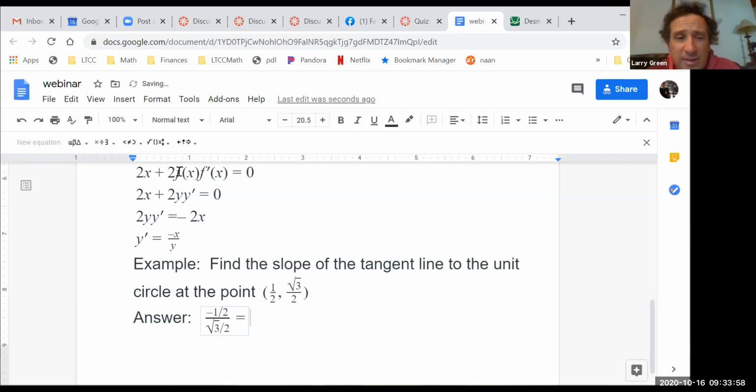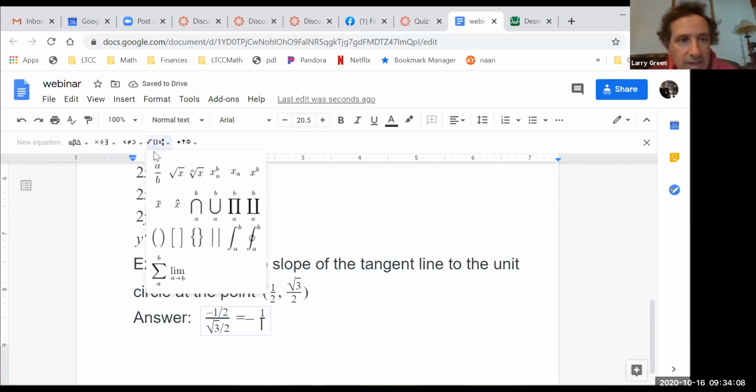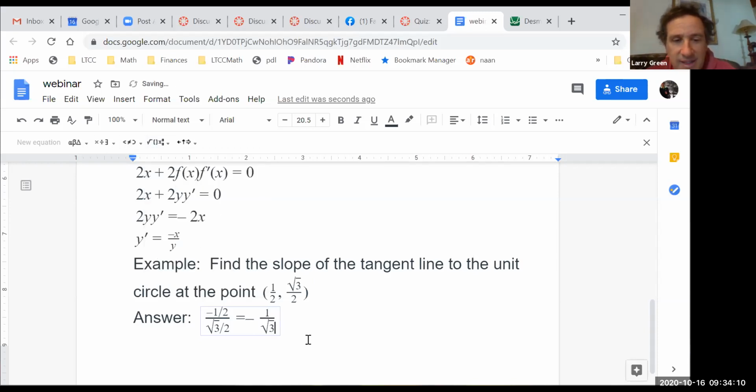And it just wants to be simplified. This is just equal to negative 1 over root 3. You don't have to, but it's a lot prettier that way.